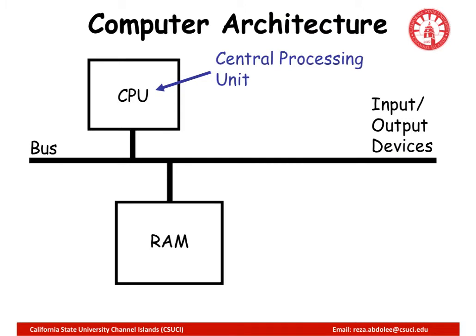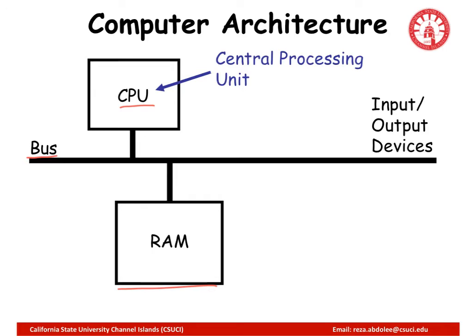Now let's go back to our conceptual model of a computer architecture. We explained how two different components within a computer system can communicate using a bus. In here, we have the CPU as our main processing engine, and RAM, which stands for random access memory, or the memory of a computer system.